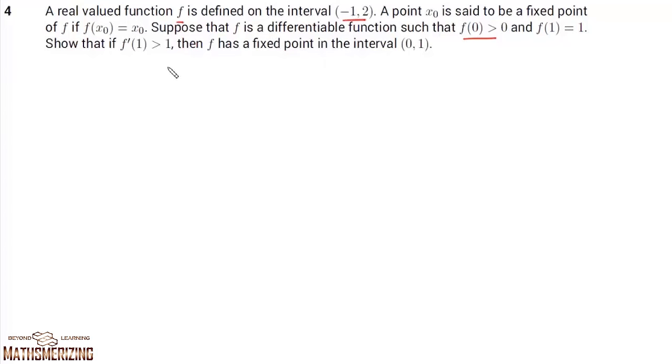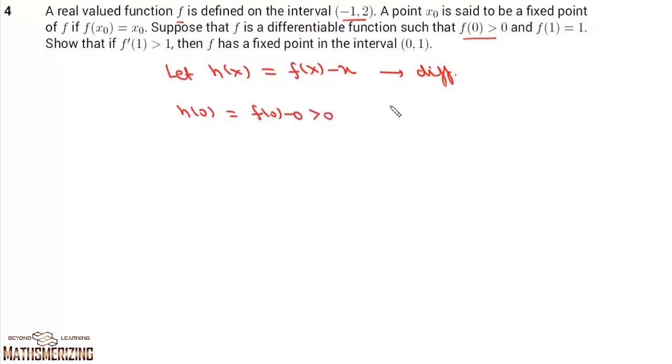Now what we'll do is we'll consider a function h x which is given by f x minus x. Now since f is differentiable and x is differentiable, this function h x is also a differentiable function. Now value of h0 will be f0 minus 0 and f0 is greater than 0. So this h0 will be greater than 0.